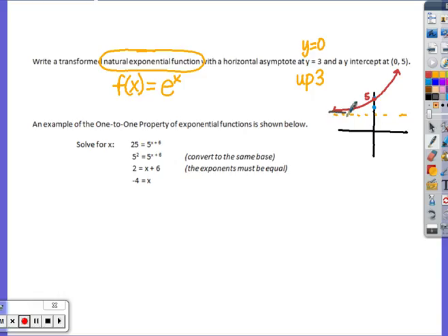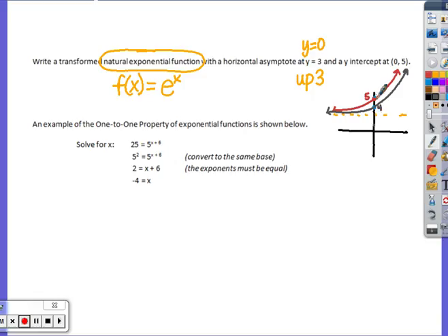If all we had done is shifted it up by 3, every single point would have gone up by 3. So a point that used to be at 1 would go up 1, 2, 3, and it would be up at 4. Did that help at all? Like points that used to be at 0, 1 are now up at 0, 4. But if you think of this as the new axis, we expected it to be only up 1, but it's actually up 2.